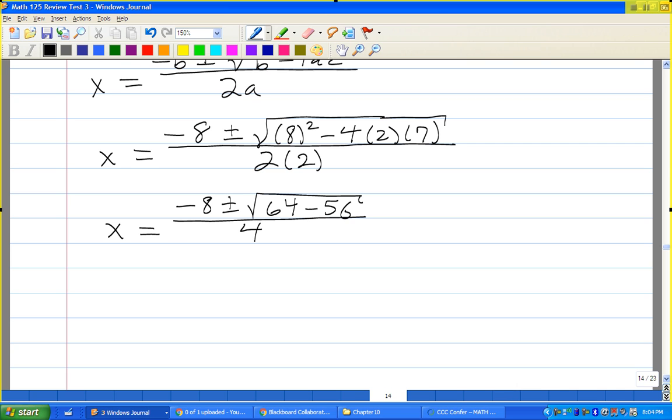And so let me simplify this. So x is equal to negative 8 plus or minus the square root of 64 minus 56, 8, all over 4.